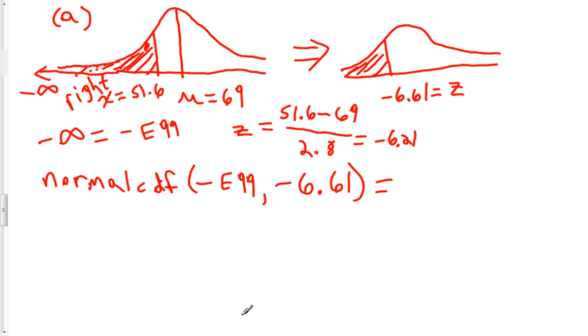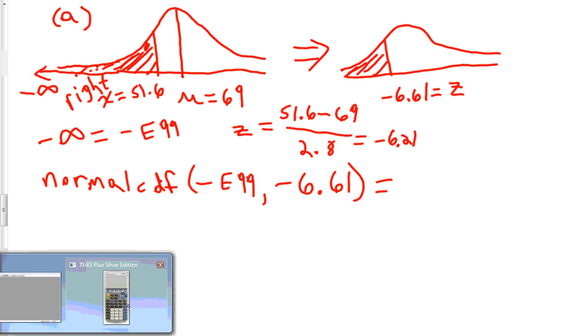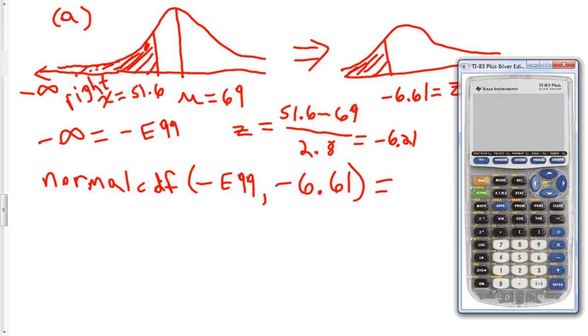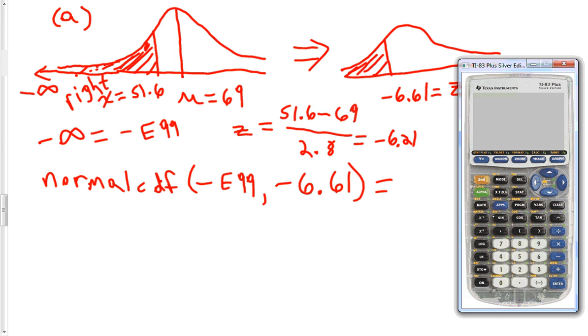So let's go ahead and bring out our trusty TI again. Let's turn it on and clear. Second, distributions. We're going to go to the normal CDF again. In the normal CDF, we're going to plug in negative, and then E again. Remember, E is above the comma.